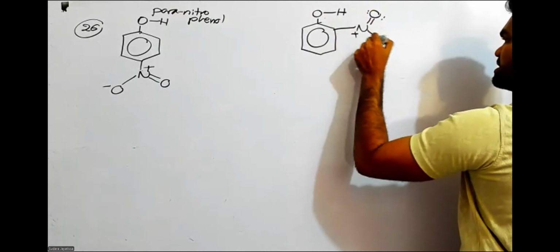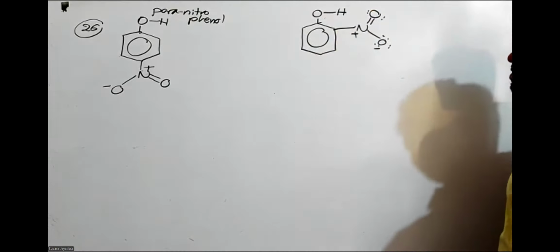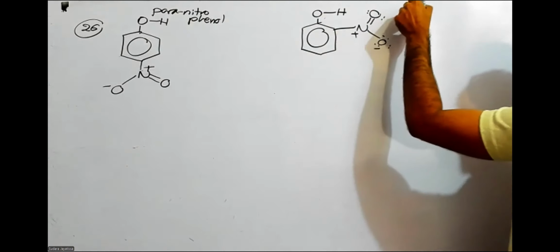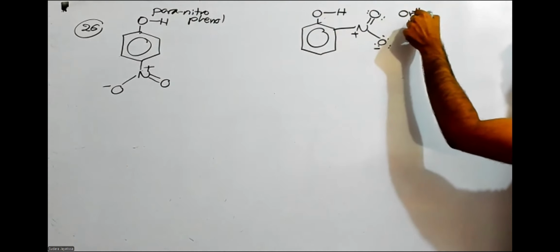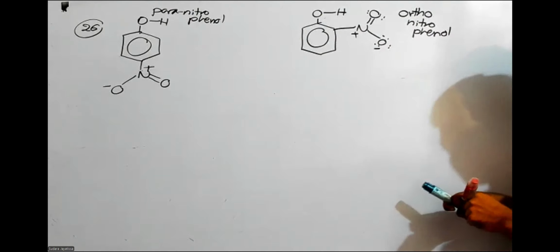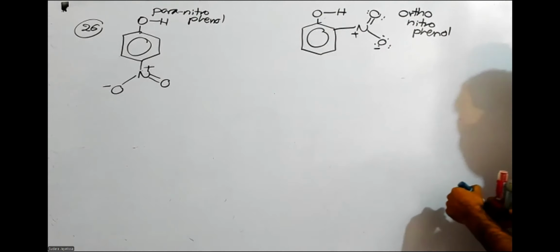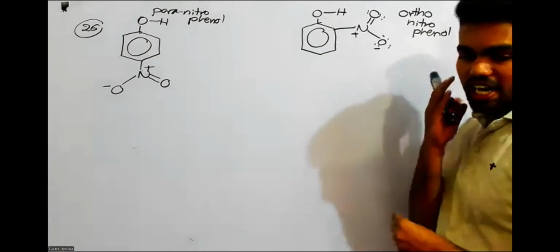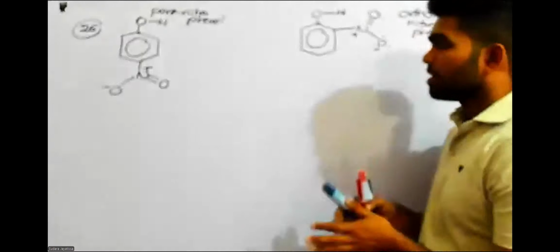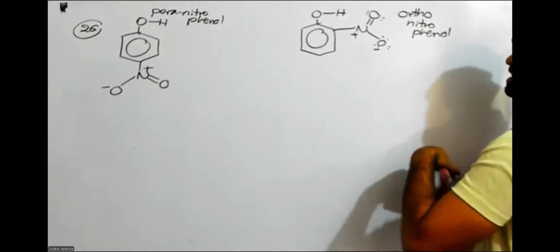This is orthonitrophenol. In paranitrophenol and orthonitrophenol, you can see hydrogen bonds can occur because this hydrogen is connected to oxygen.